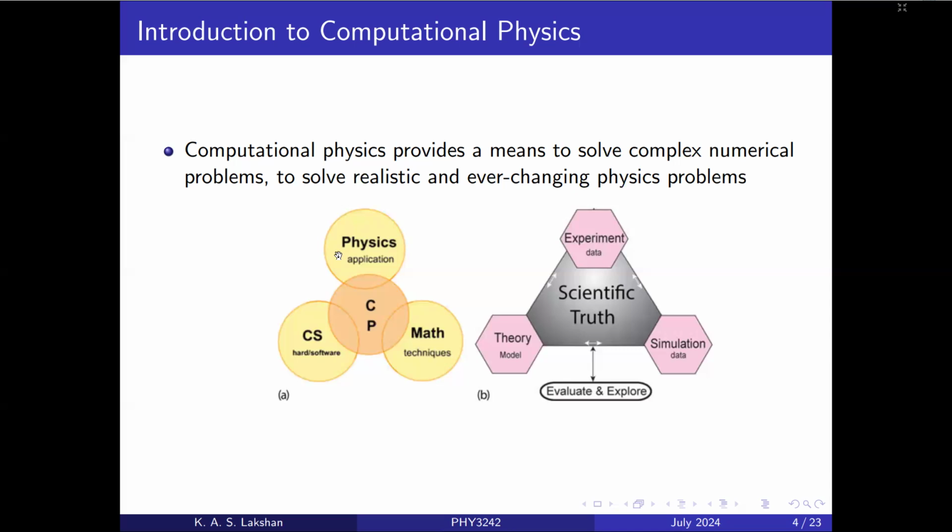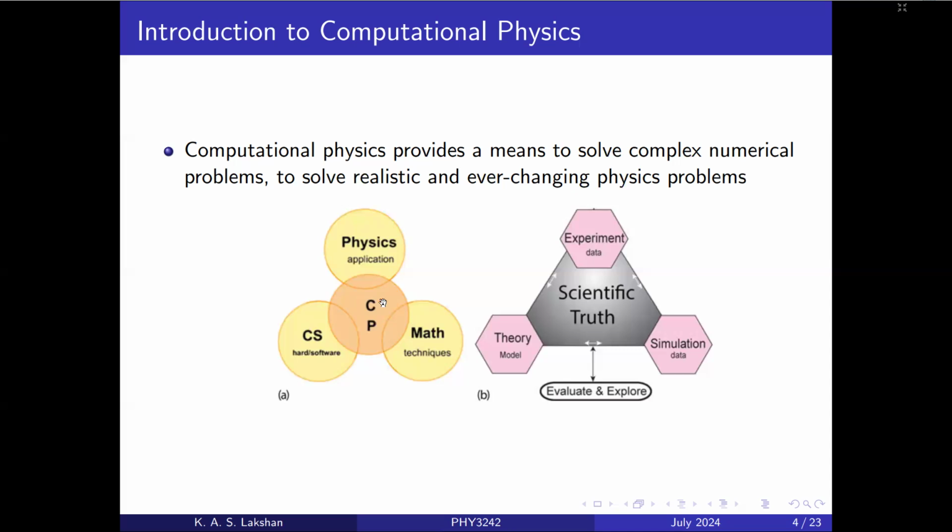In each of these branches, we are studying the interactions between energy and matter. So computational physics, CP in this diagram, is an interdisciplinary study of physics, computer science, and mathematics.